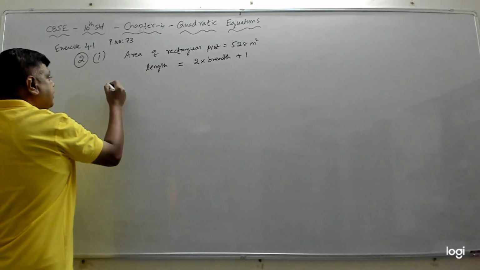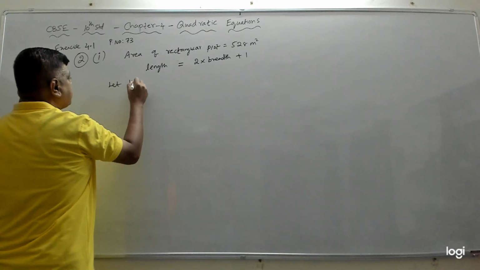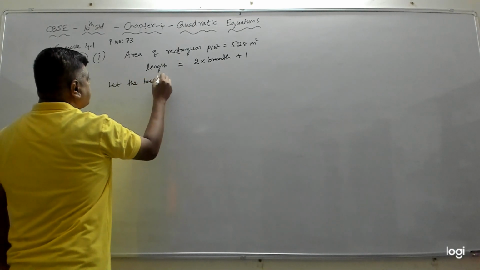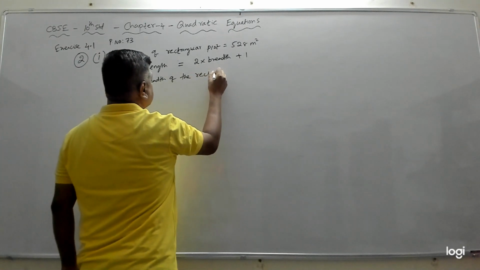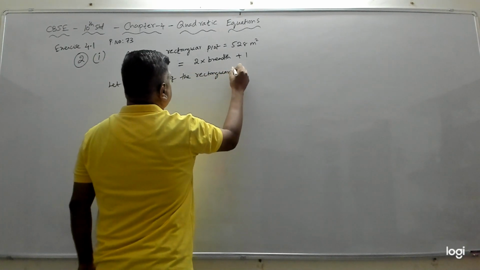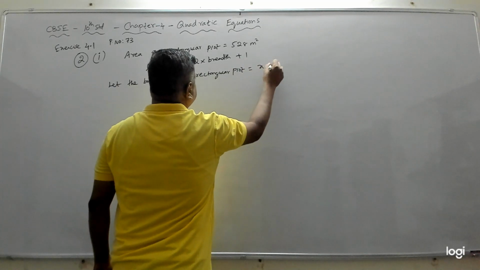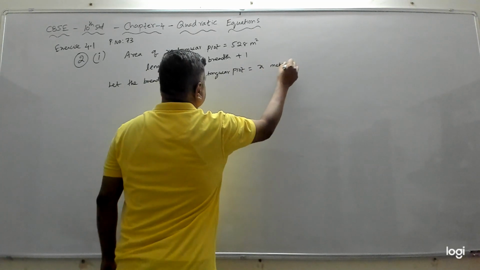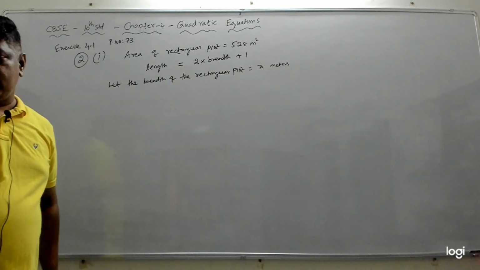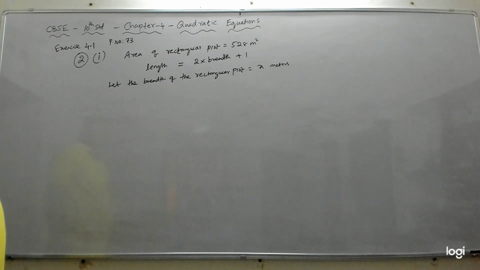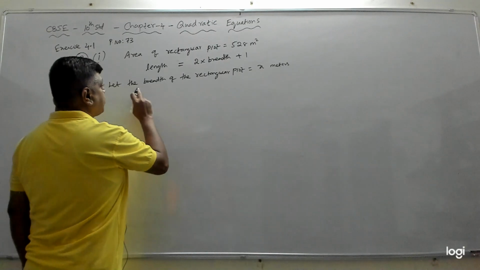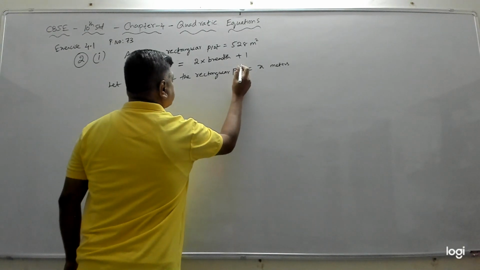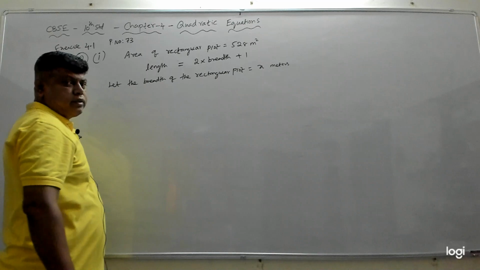So we will say, let the breadth of the rectangular plot be x meters. Breadth of the rectangular plot is x meters.